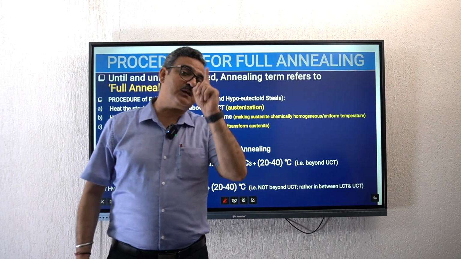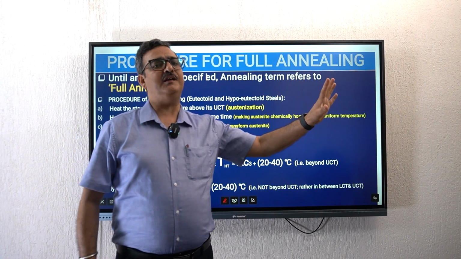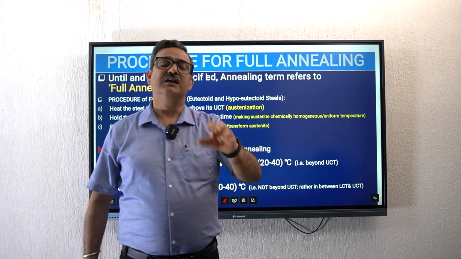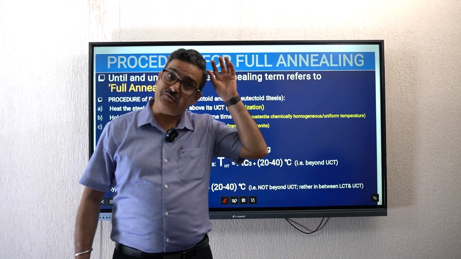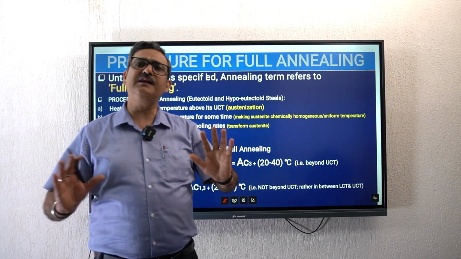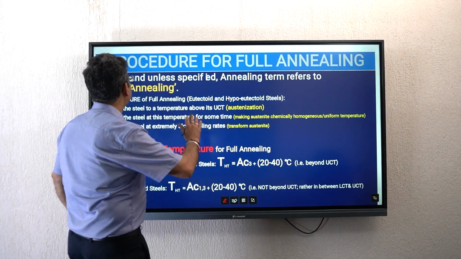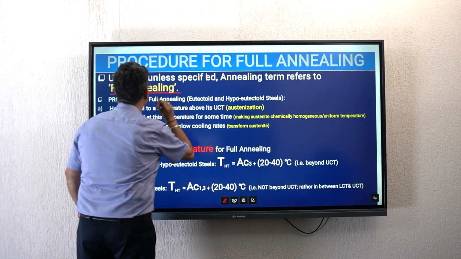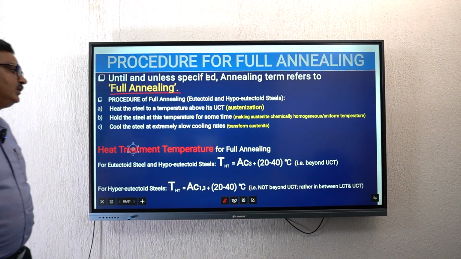Until and unless it is specified, if somebody just says annealing, annealing means full annealing. If it is some other type of annealing, they'll have to specify. If annealing is to be given for machinability, they'll have to say spheroidization annealing. If only annealing is said, invariably it means we are talking about full annealing. Please remember that.